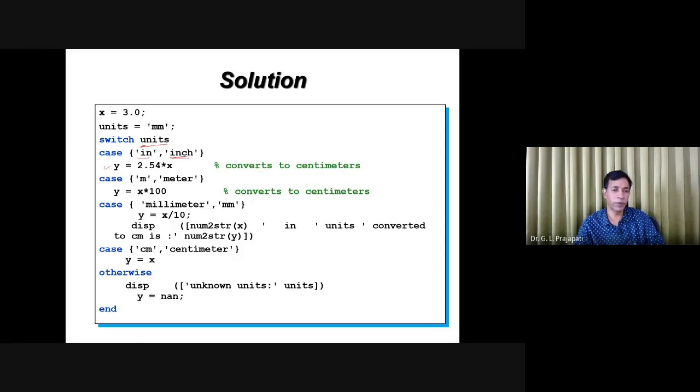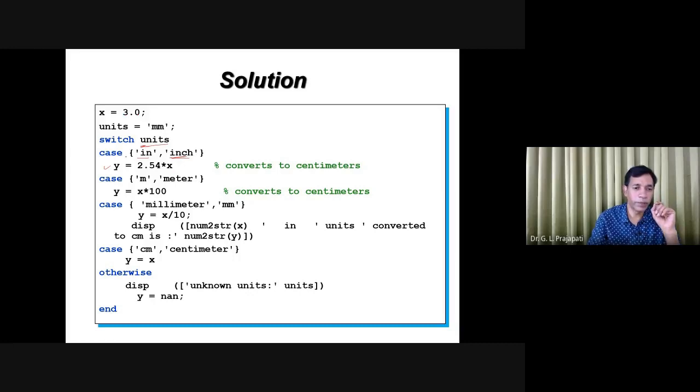So y is equal to 2.54, because 1 inch is equal to 2.54 centimeter. So you are going to convert. That's why y holds the value in centimeter. So y is equal to 2.54 multiplied by x, whatever be the value.